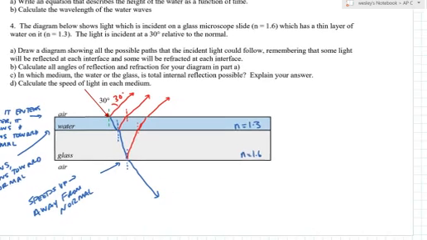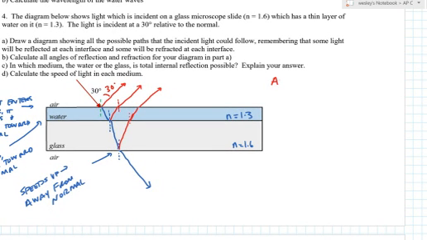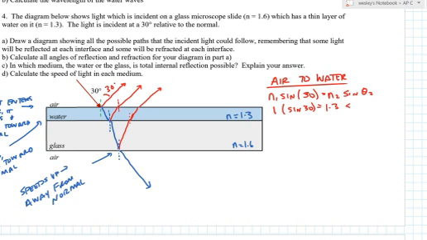So we'll move over here. So for air to water, we're going to use Snell's law. N1 times sine 30 is equal to N2 times sine of theta 2. So that's 1 times the sine of 30 equals 1.3 times the sine of theta 2.